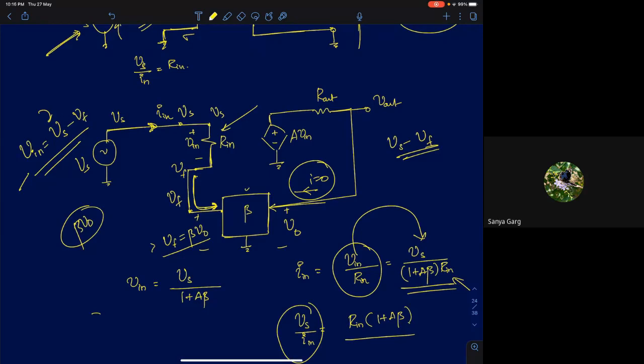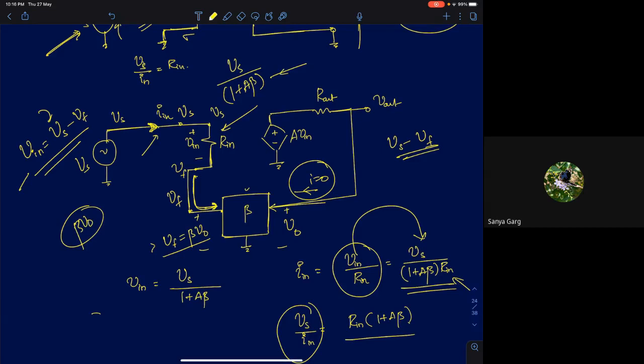The voltage that is going to appear across R in is Vs by 1 plus A beta, which means it is significantly reduced, by a factor of 1 plus A beta. So what will happen to the current then? When you compare I in with respect to open loop, in closed loop it will be reduced by a factor of 1 plus A beta.